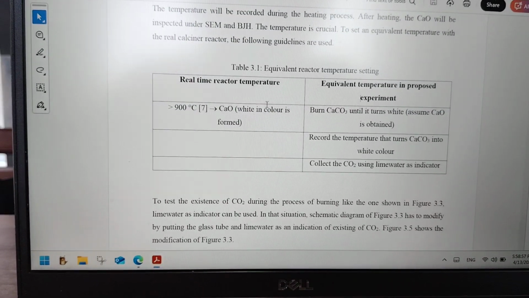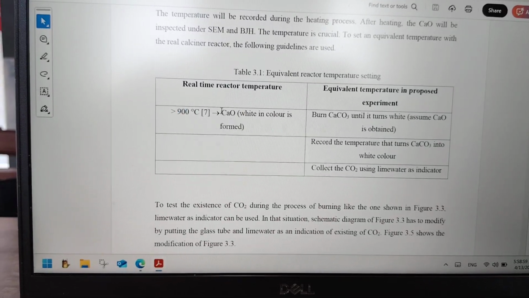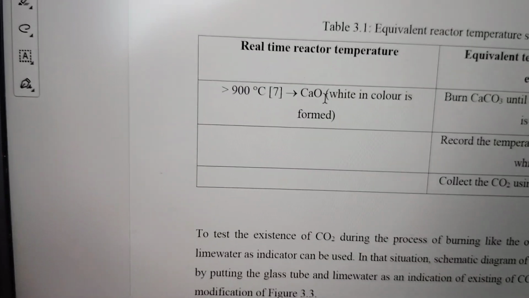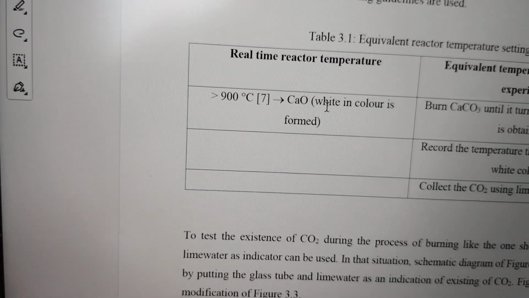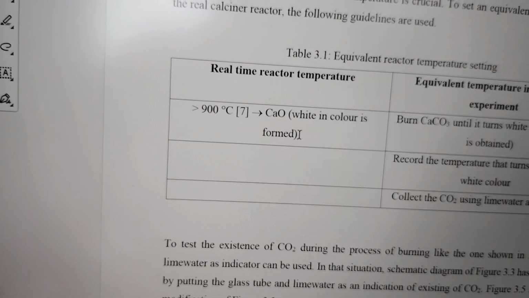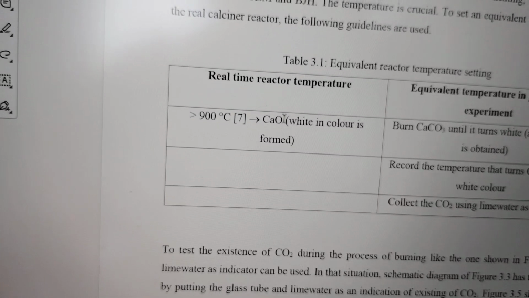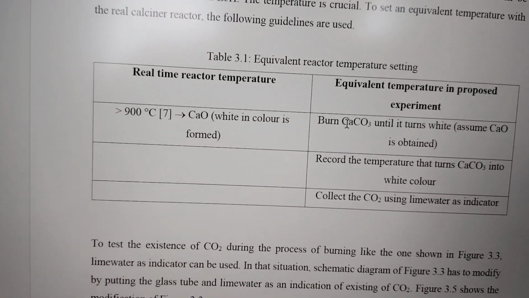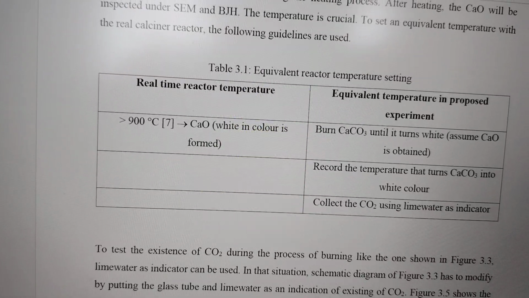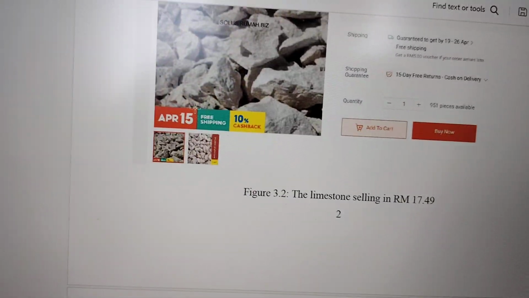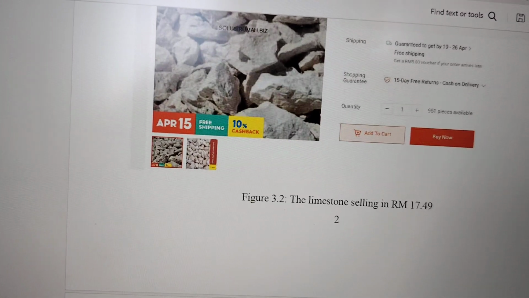Very simple. In order to get this CaO, which is calcium oxide, what color is it? It's white. So in order to get this CaO in white color, I can burn my CaCO3, the calcium carbonate, but it must be in a small quantity, not a big quantity.